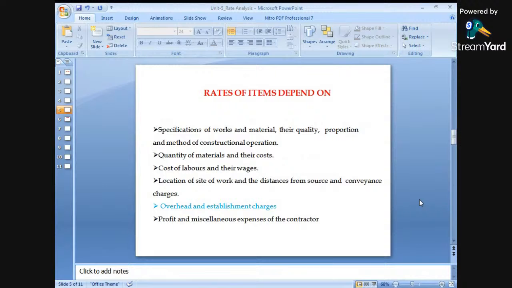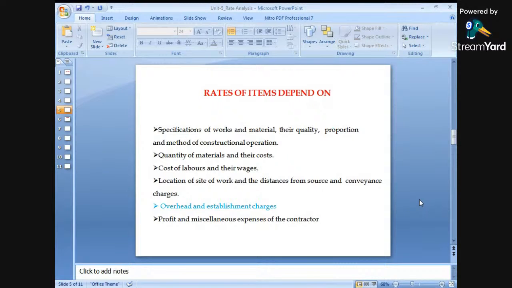Next is rates of items, again depends upon specifications of work and the materials, their quality, proportions, and the method of constructional operation. That means we require the specifications because we have to carry out a particular type of work. So specifications is a specific description related to a particular type of work.